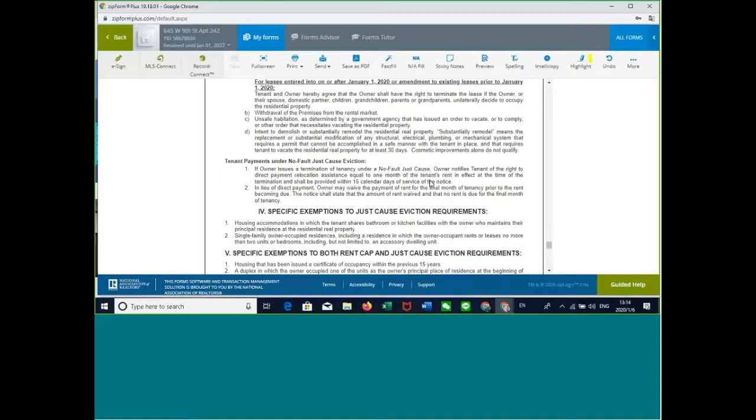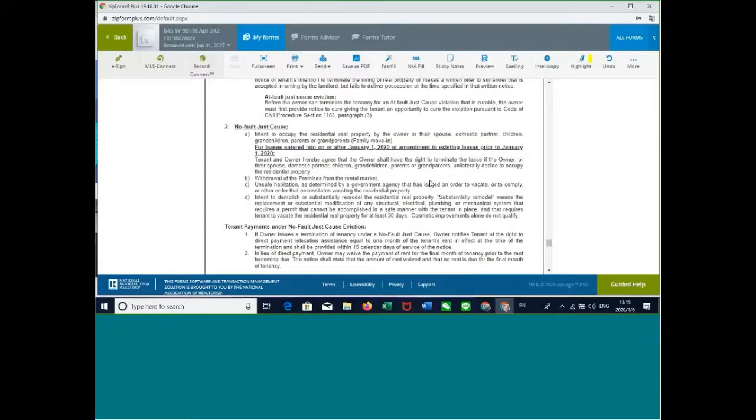But the landlord wants to do a substantial remodel. And according to the city and according to the contractor, it's going to take more than 30 days to fix up the problem. If you can justify that, you can end the tenancy. You don't have to prove fault, because this is one of the no-fault just causes. Yeah, it falls under the no fault.